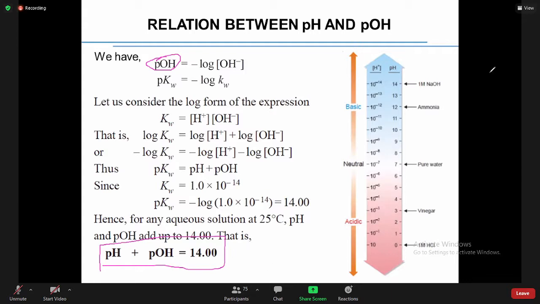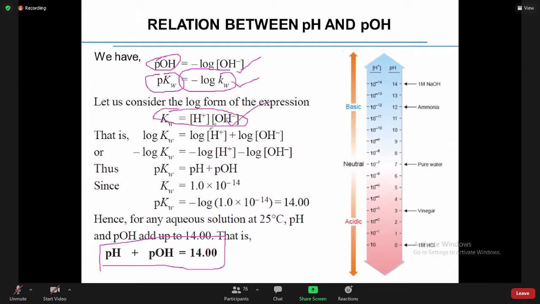Okay. So if we come from the pOH, we can write minus log of OH, and from the pKw, we know that minus log of Kw. From the dissociation of water we can get this one, and then Kw will be this one.